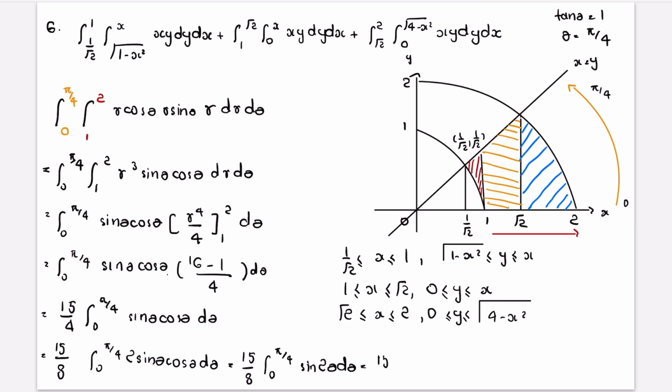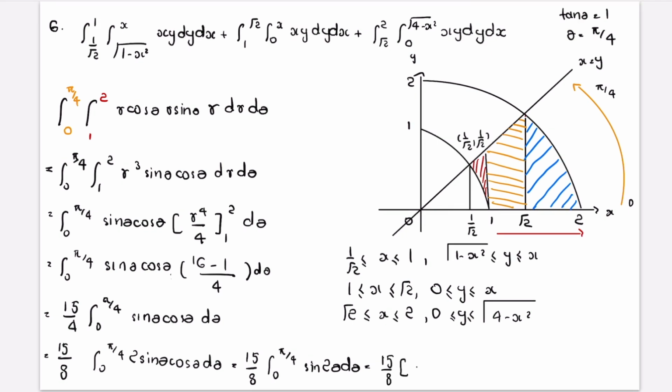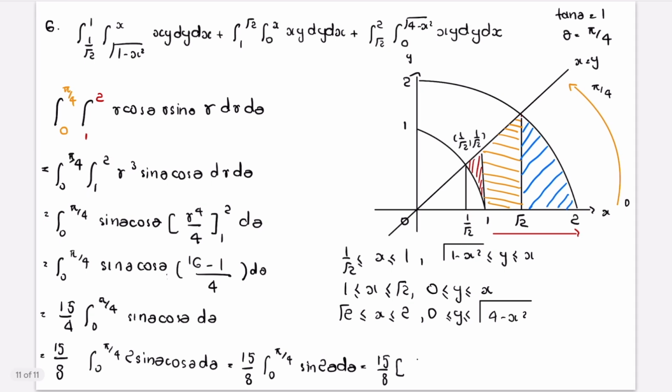It's easy. So when we integrate sin 2 theta, we will get minus cos 2 theta by 2. The range is from pi by 4 to 0.